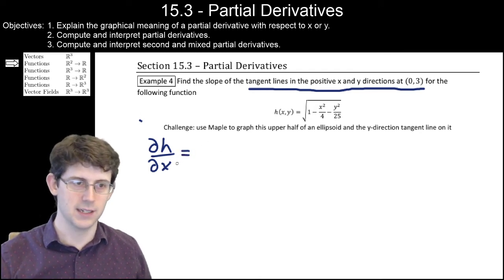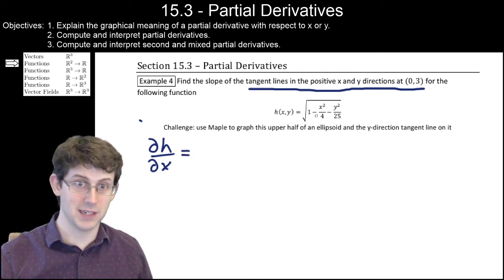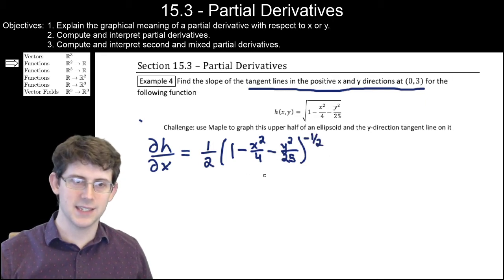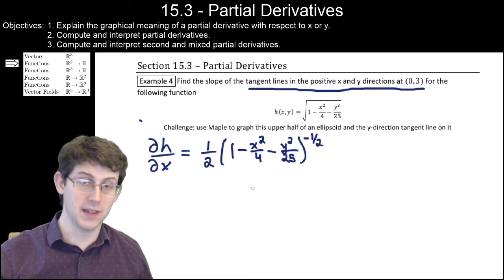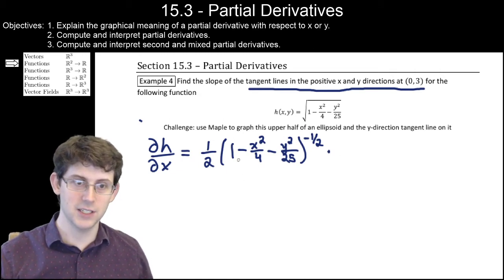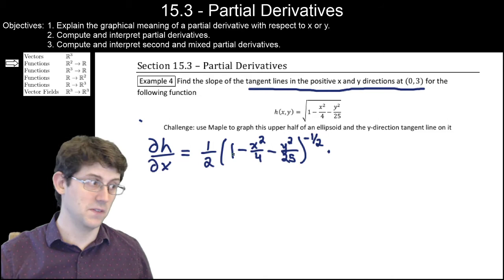So let's do this. To take the derivative of something to the 1/2 power, you can do the power rule. And then since the inside is not a constant, you need to multiply by the derivative of the inside function. Well, the derivative of 1 is 0.